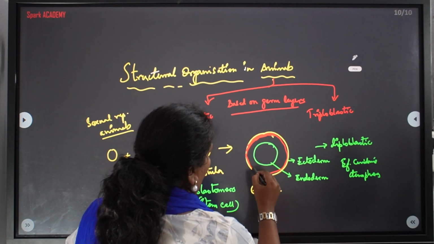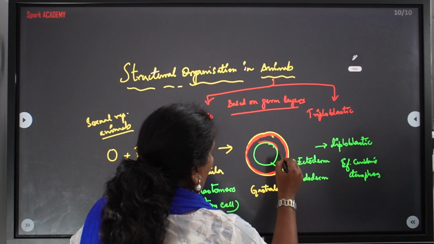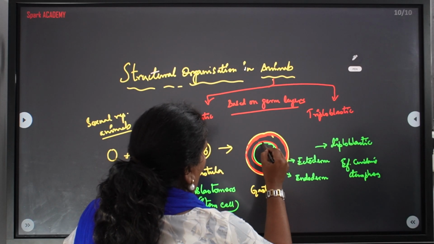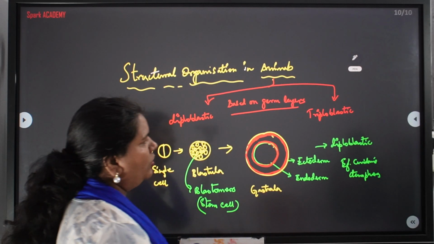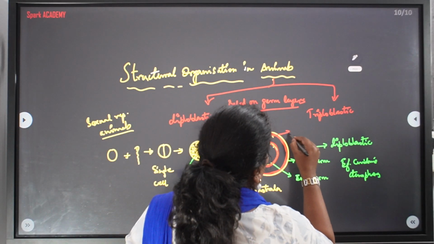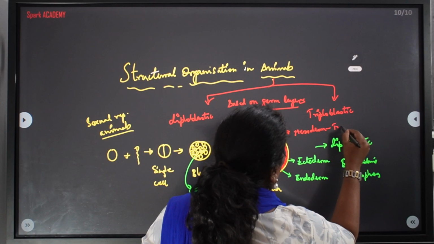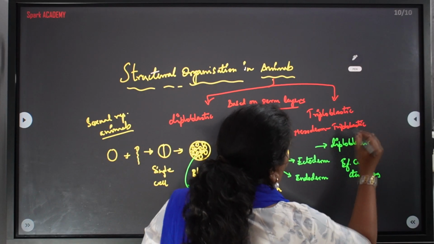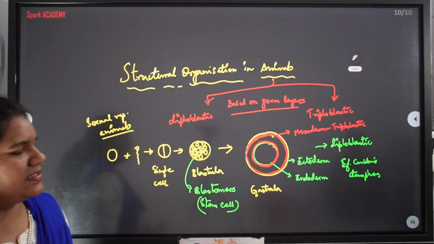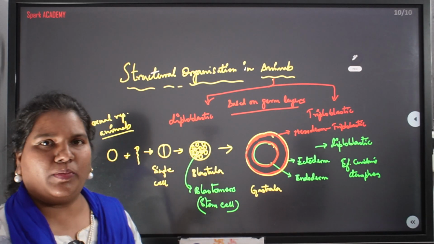You will see mesoderm around. Such animals which show a mesoderm, a third layer, are called triploblastic animals. Two germ layers means diploblastic, three germ layers means triploblastic.